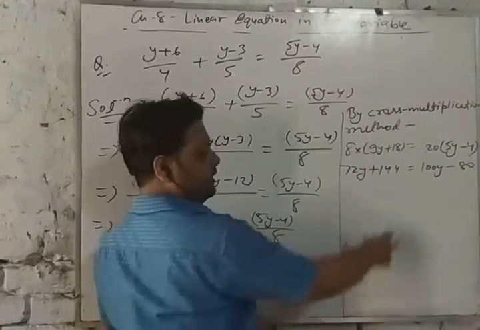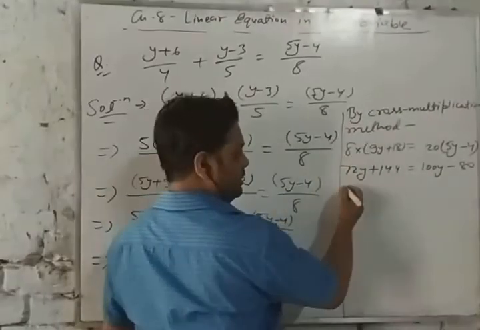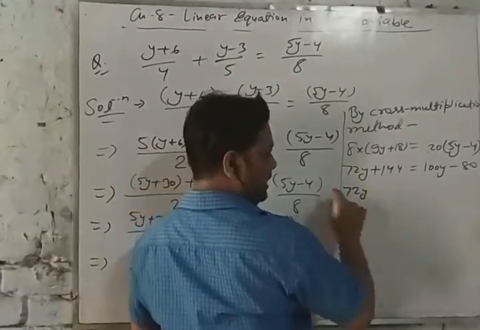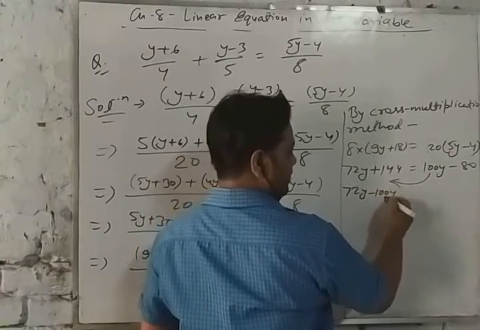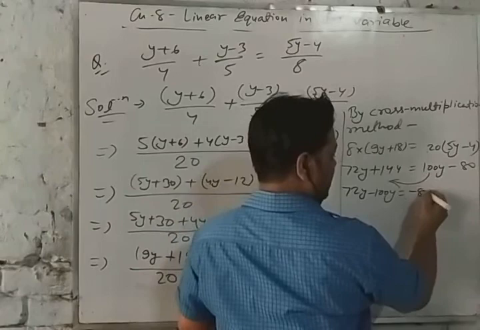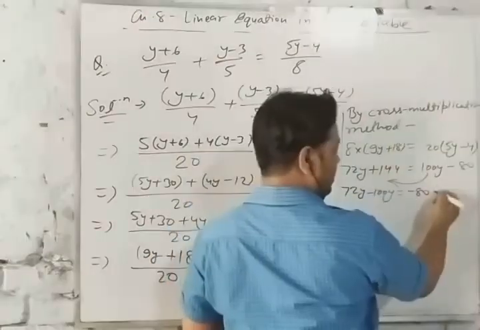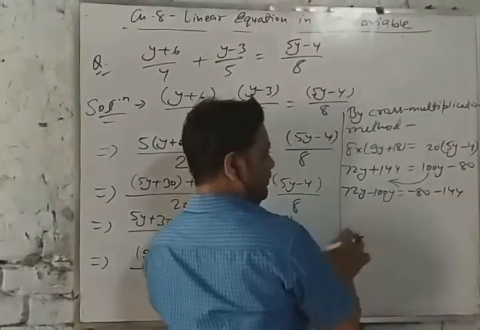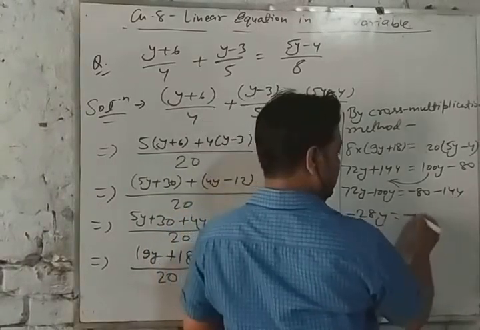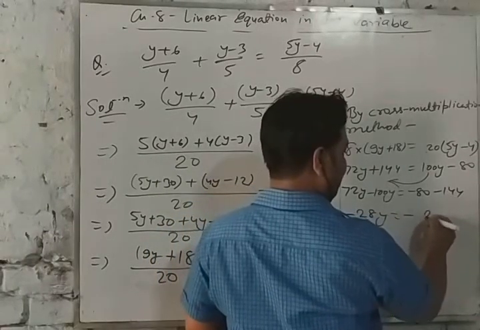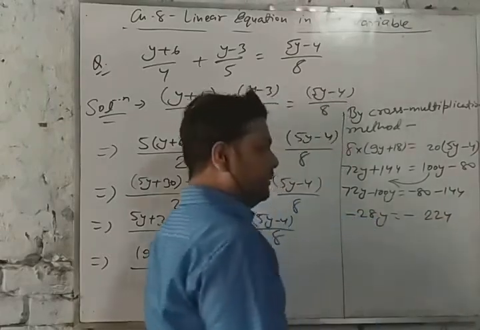Now take all the variables to same side in LHS. Then 100y will come in this side and minus 80 is there. Now plus 144 will go that side. It will be minus 28y and it is 224.